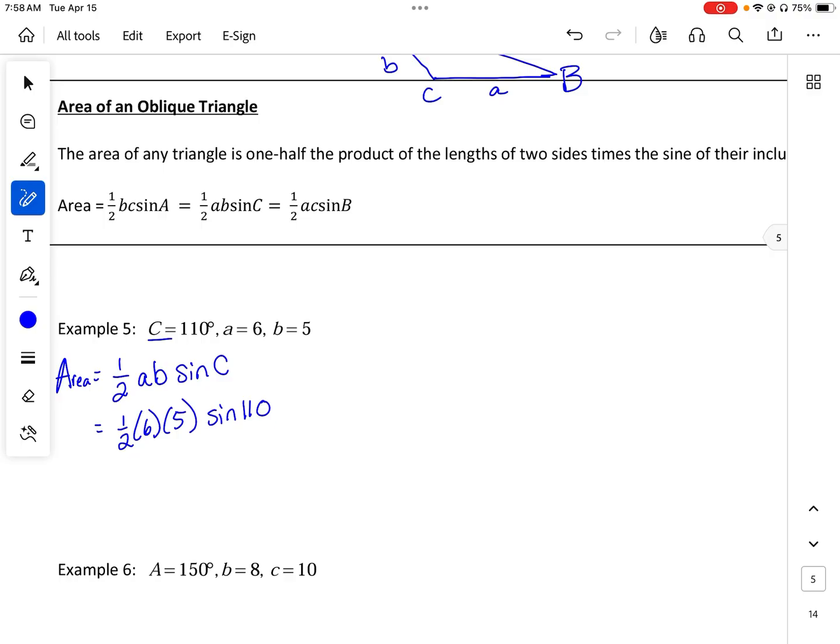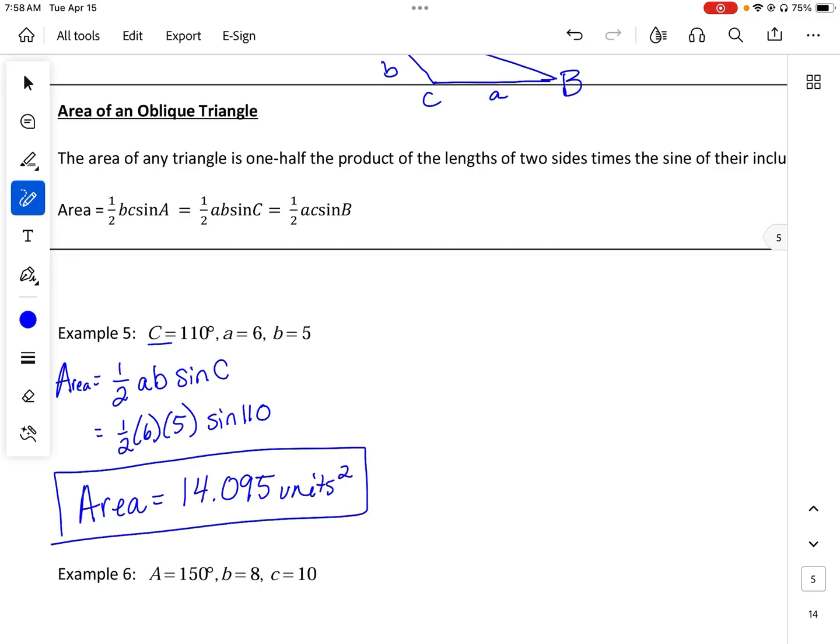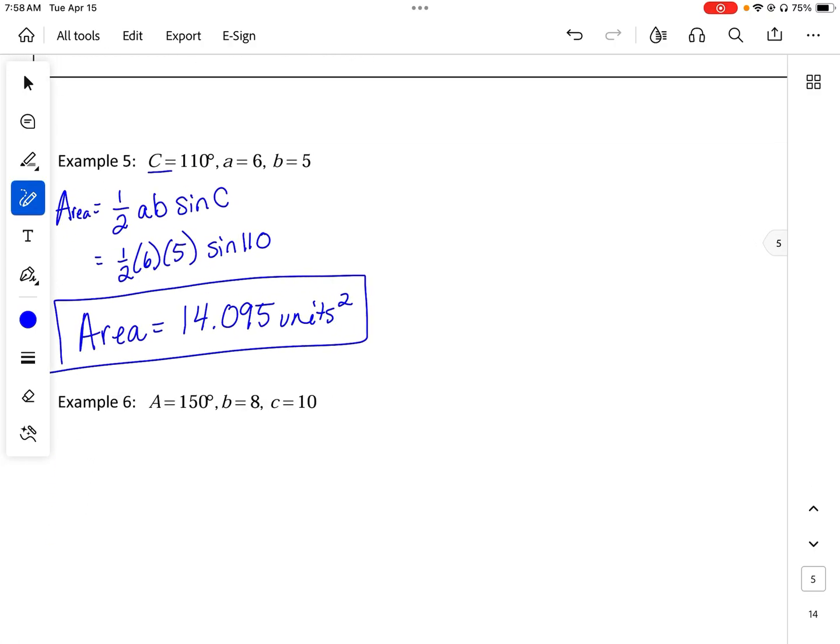So I don't want to get that confused. Okay, so work that out. Have your calculator calculate it for you. And it equals, and we don't know what units, so we're going to put units squared.